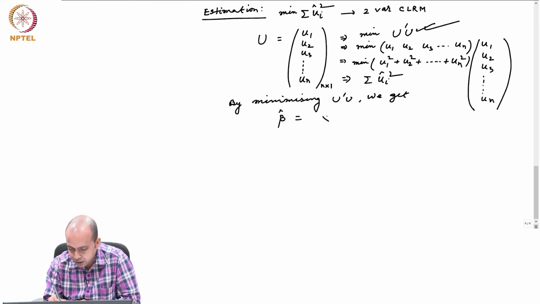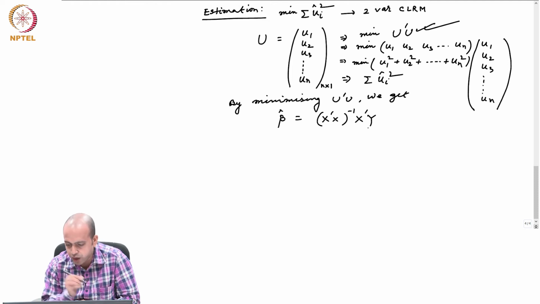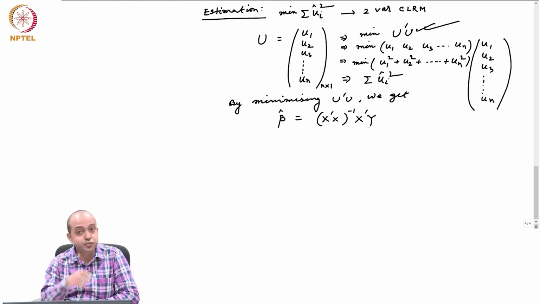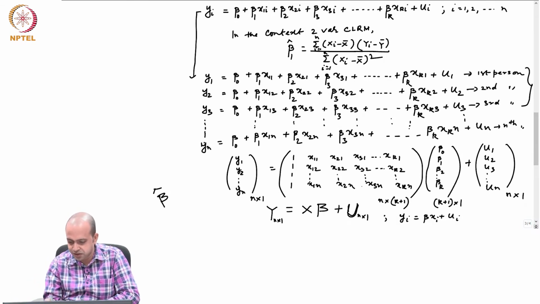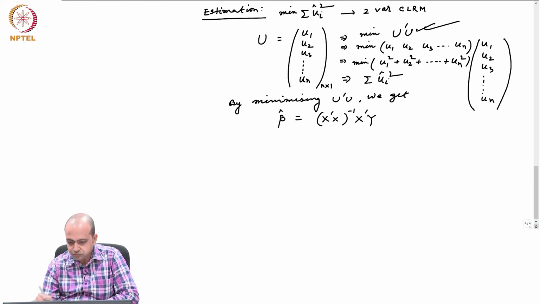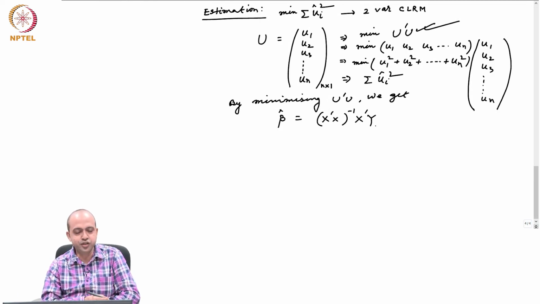We will get x prime x inverse x prime y, where this x is basically the earlier x what we discussed. This is our x and this is our y. So, this would become x prime x inverse x prime y.